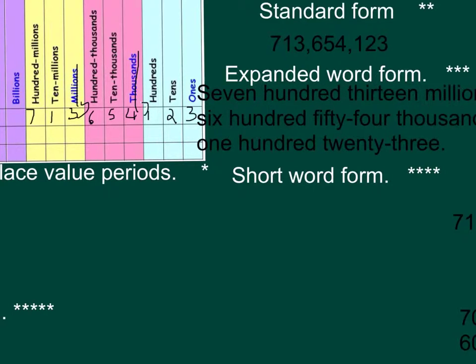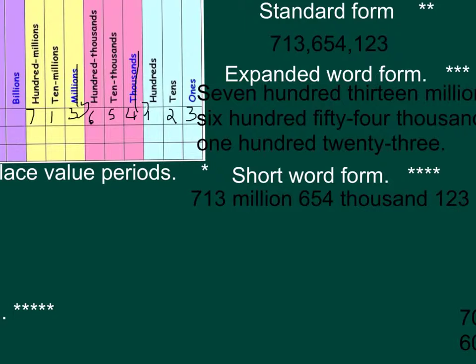Here's an example of that. We've got the 713. It's in the millions place, we write out the million. 654,000, then 123. And normally we don't usually put the ones or say the ones when we write the words out.